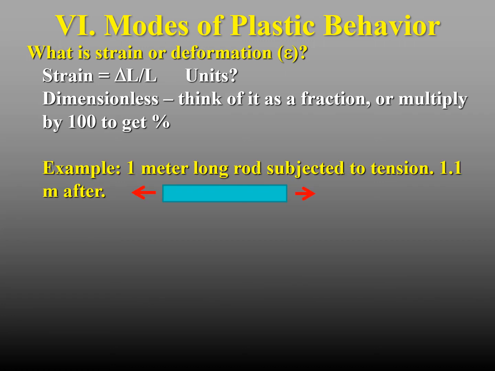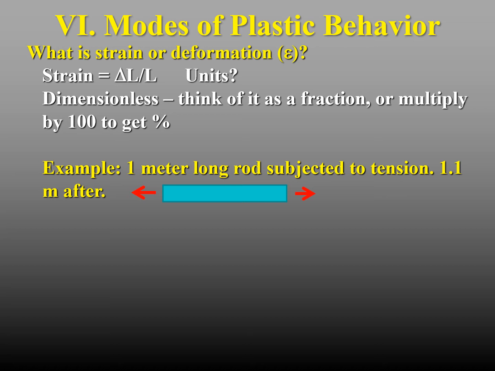This is one of those things where it doesn't have a unit. It's what we call dimensionless. There's no units. The units cancel out. And that might seem confusing, but it's really not. Just think of it as a fraction or a percent. This next example, I think, will clear it up for you.